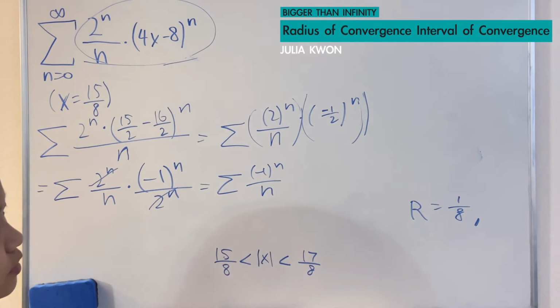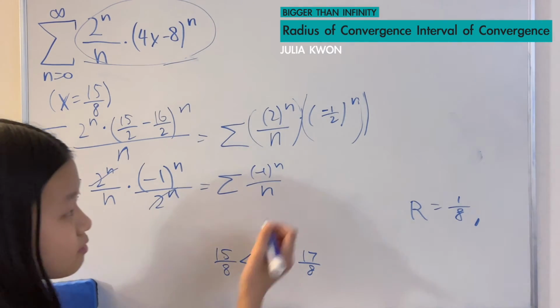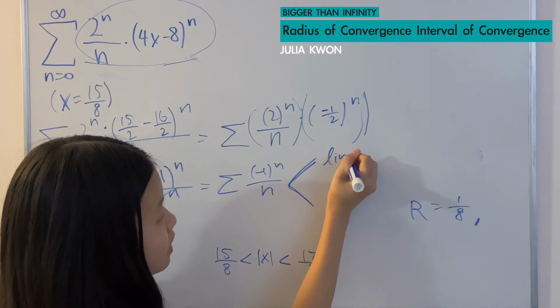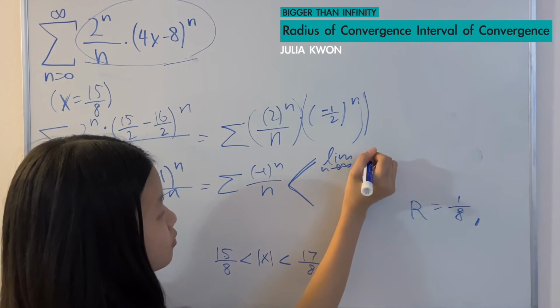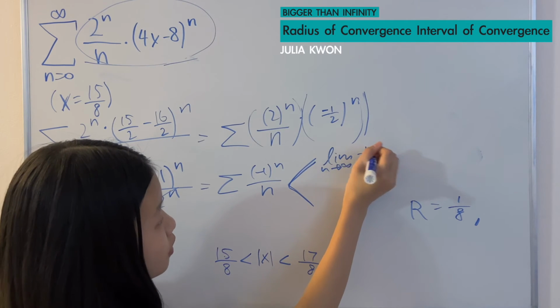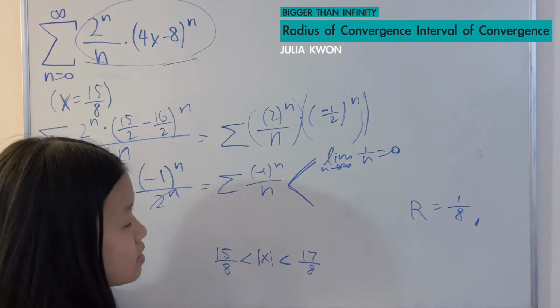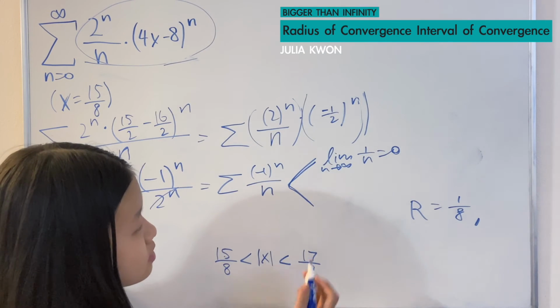To find out whether this series converges or diverges, we can use the alternating series test. The limit as n approaches infinity of the absolute value of a sub n, which is 1 divided by n, approaches 0. So it passes the first test of the alternating series test.